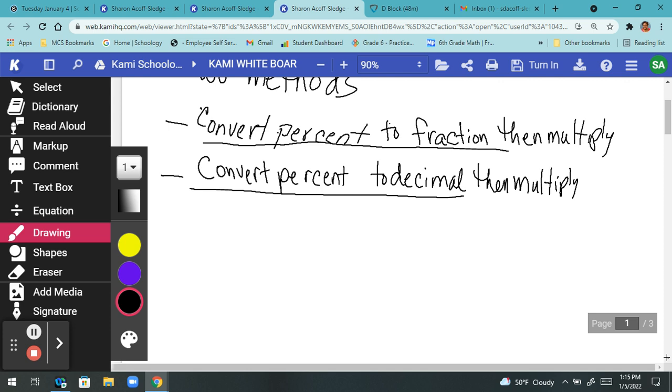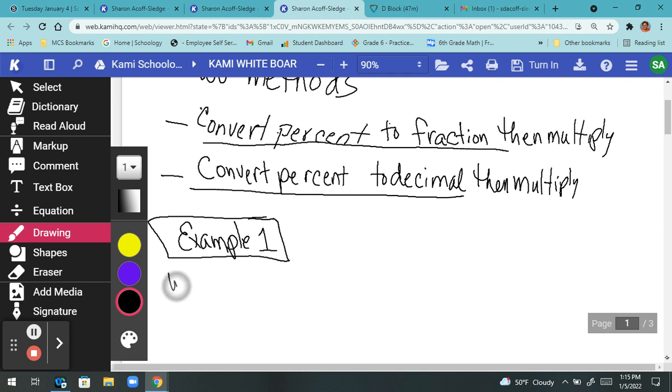So first, example 1. And we're going to do both ways. Let's see.